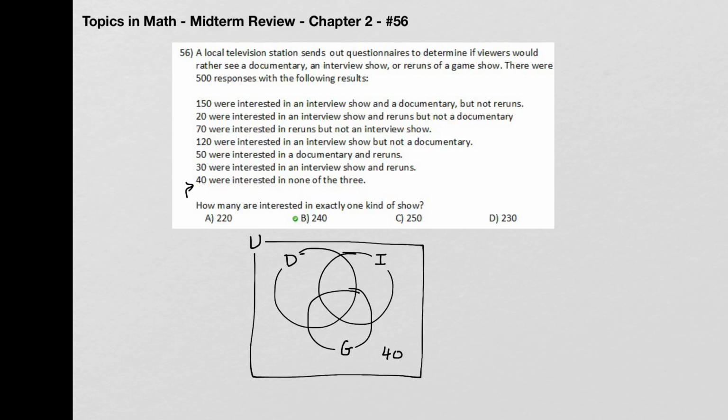Okay, well, let's see what else we have. 30 were interested in an interview show and reruns. So I went up to the next line here. So that's interview show. Oh, reruns. Let me just change that G to an R. It's going to make more sense.